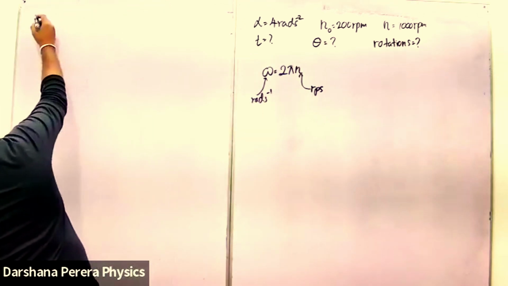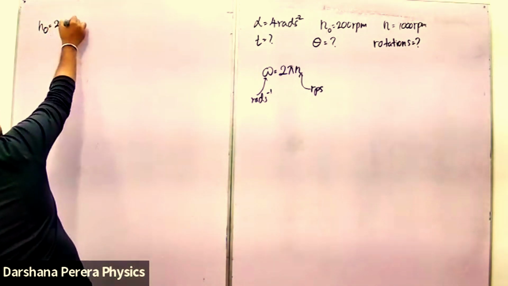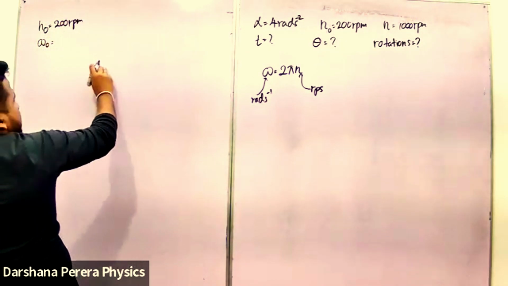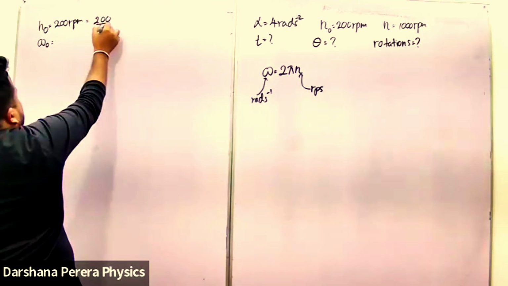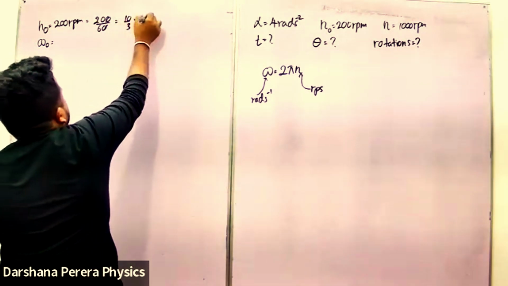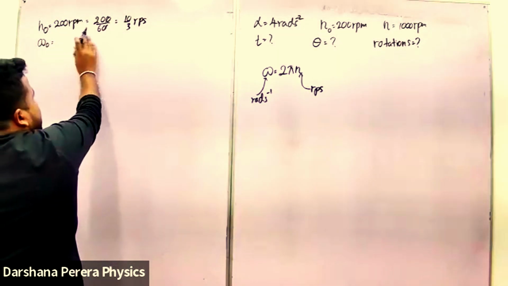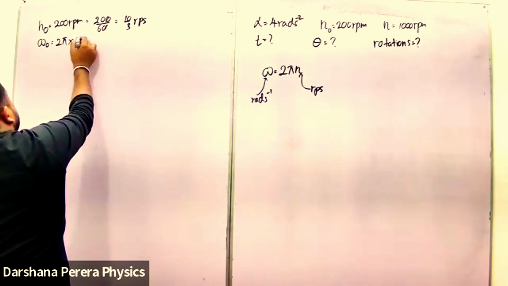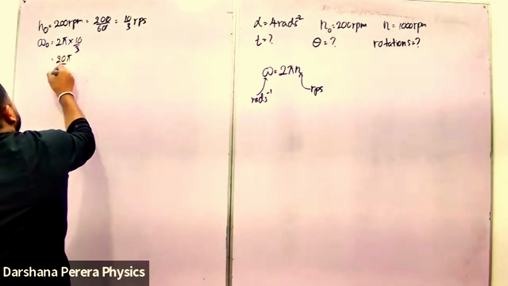In this case, n naught equals 200 RPM. Therefore we divide by 60 to get the RPS value, that means 10 over 3 RPS. Omega naught equals 2 pi n naught, that is 2 pi into 10 over 3, 20 pi over 3.